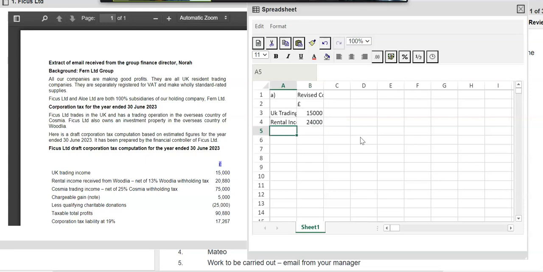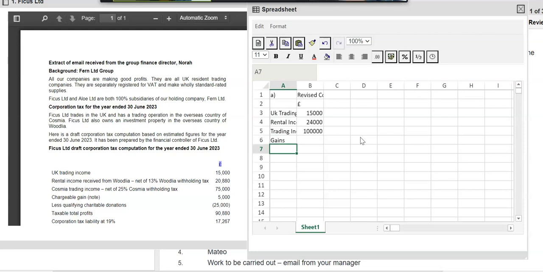Then we are having trading income from Cosmia, so that's going to be 75,000 times 100 by 75, so that's £100,000. Okay, so about the gains.